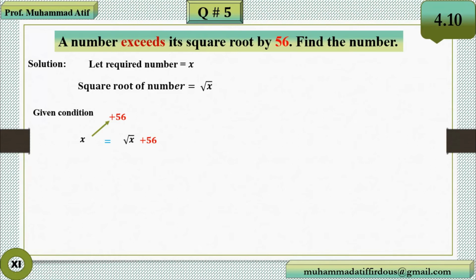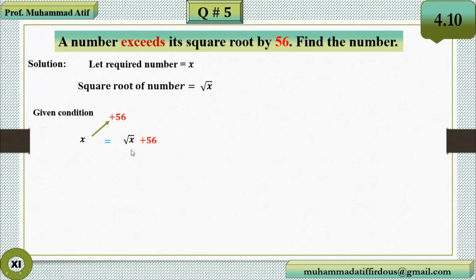You can see it's a radical equation. And what is a radical equation and how to solve it? You must see my video on this topic, the extraneous root of a radical equation, and how to solve it. In order to solve this radical equation, you must get rid of the radical symbol.